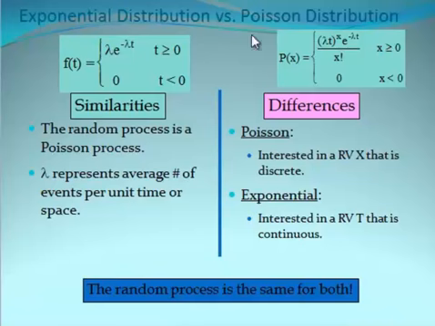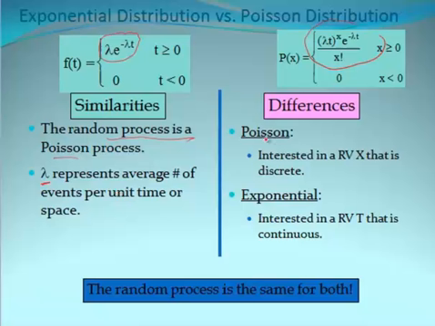So exponential distribution versus Poisson: here are the differences, there's exponential, there's Poisson. The similarities are that we have a random process undergoing all of this, and lambda represents an average number of events.